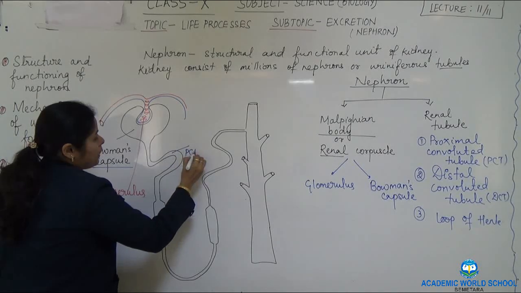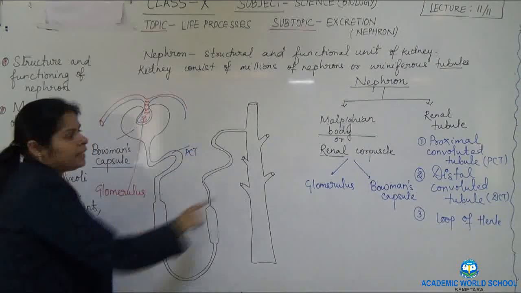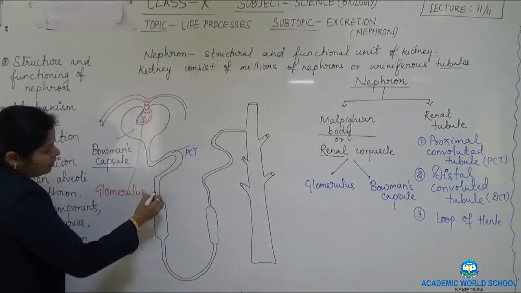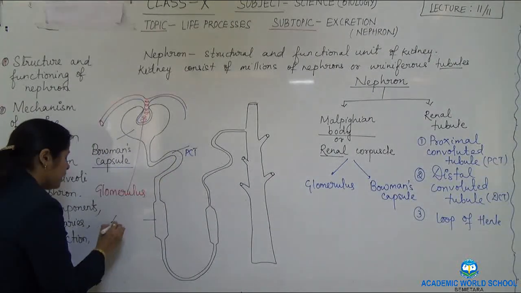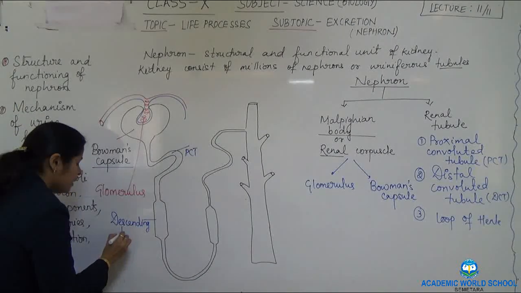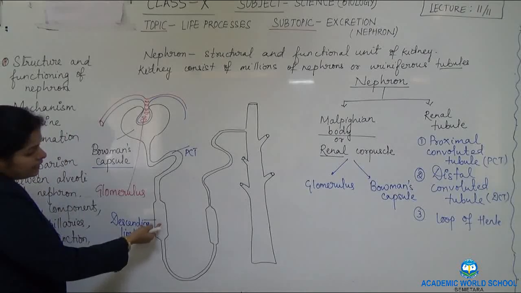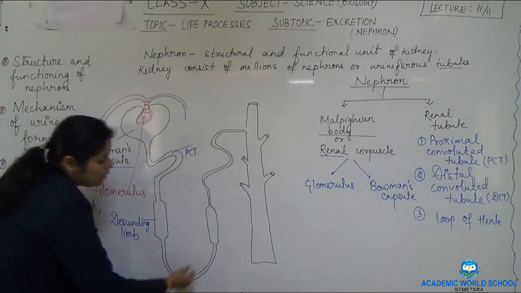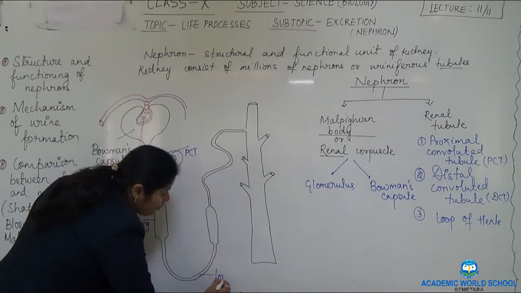I'll write the short form here. What do you understand by PCT? It is proximal convoluted tubule. It extends down, and this one is the descending limb. When it extends down, it forms a loop kind structure like a hairpin, and this loop is called loop of Henle.